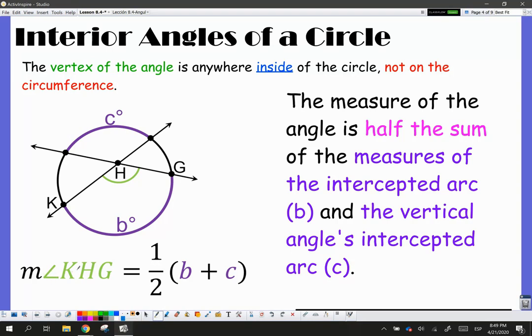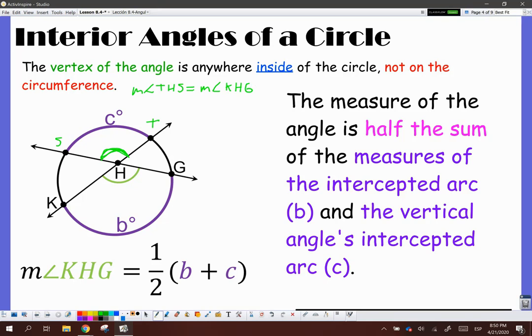So if I have angle KHG, which is here, then the vertical angle of KHG would be this one right here. And I'm going to make up some points here. Let's say ST. So in this case, we know that the measure of angle THS is equal to the measure of angle KHG.